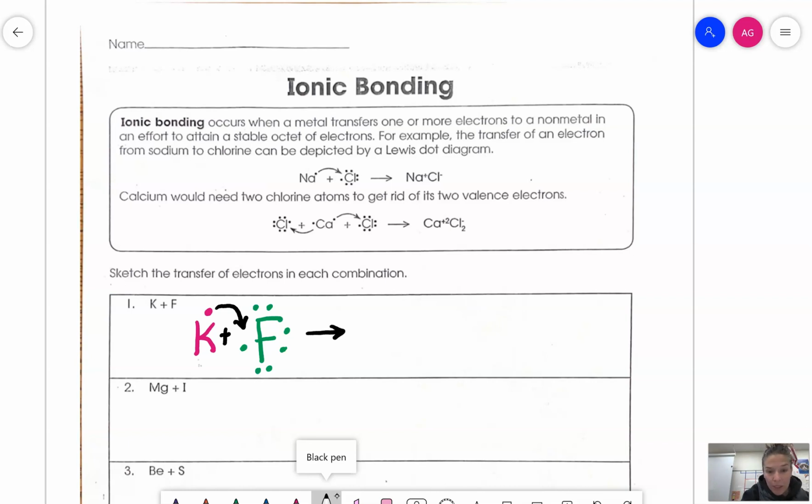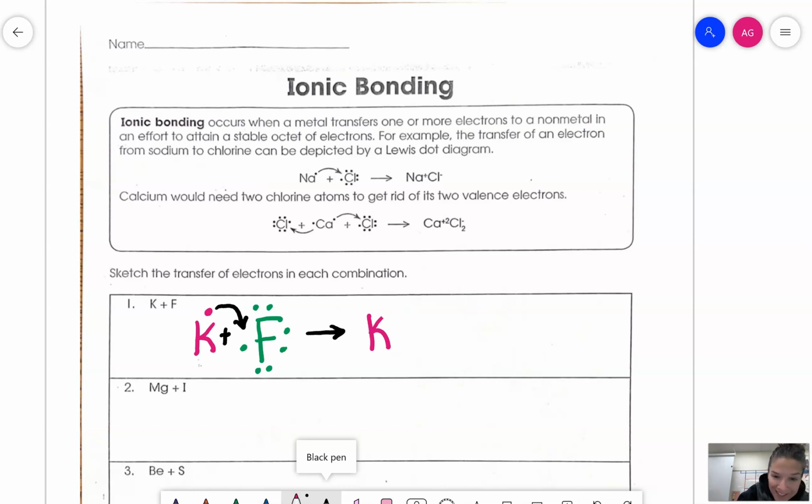Now, the resulting compound will be a compound because those ions, the cation potassium and the anion fluorine, are going to be together based on the disparity of their charges, really. So we're going to see the potassium over here. It got rid of an electron, so it now takes on a positive. Oh my gosh, that's a terrible positive, sorry.